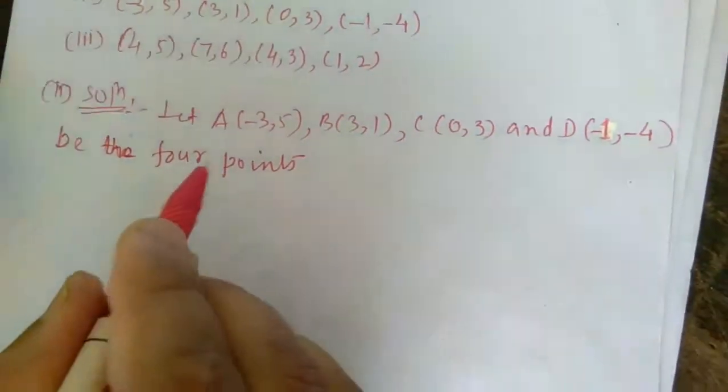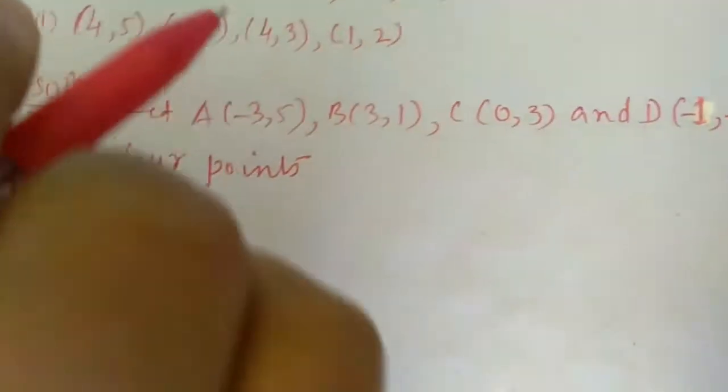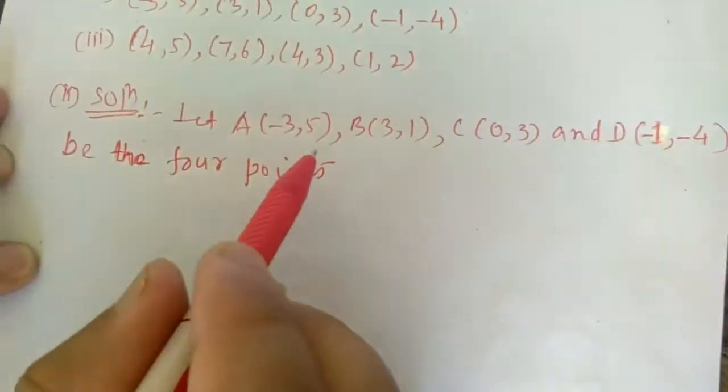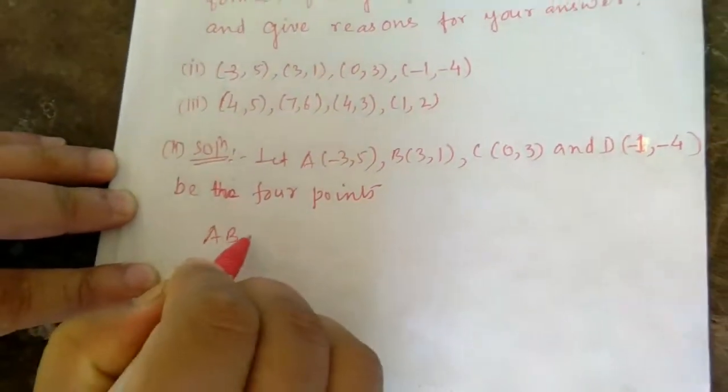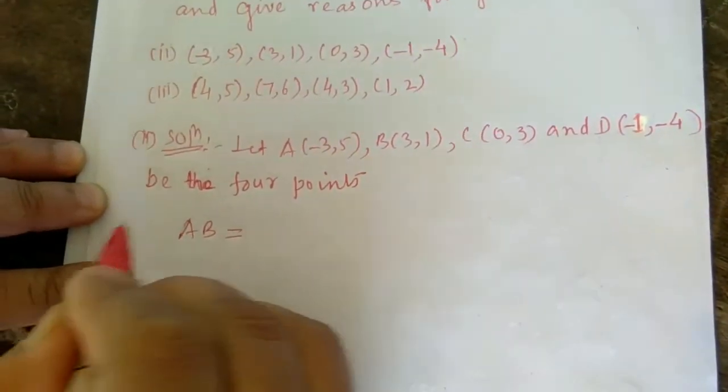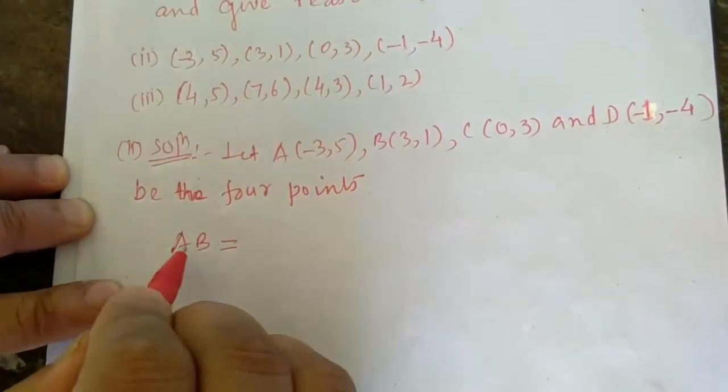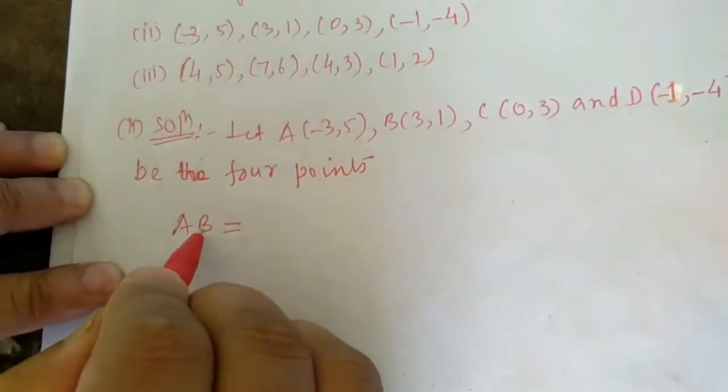So to find the type of quadrilateral, first we define AB, BC, CD and DA. So AB means distance between A and B. We did before. Okay, so like that, AB means distance between A and B.